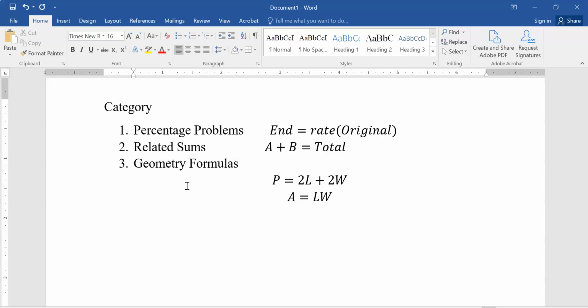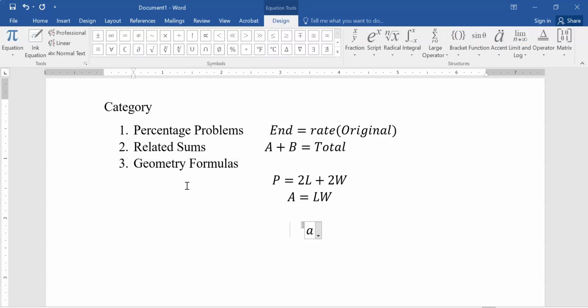Now, the third formula that we're going to see in these categories has to do with the angles in a triangle. It turns out the three angles of a triangle, I'll call them lowercase a plus b plus c, have to add up to 180 degrees.